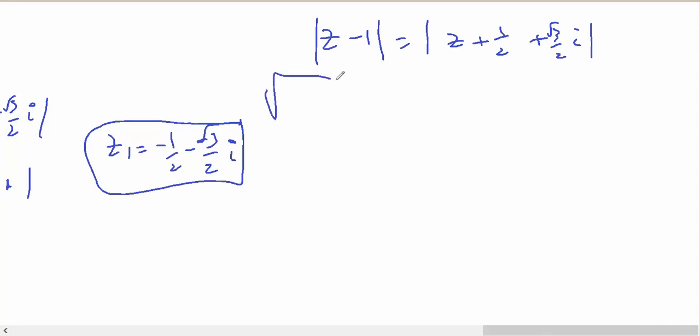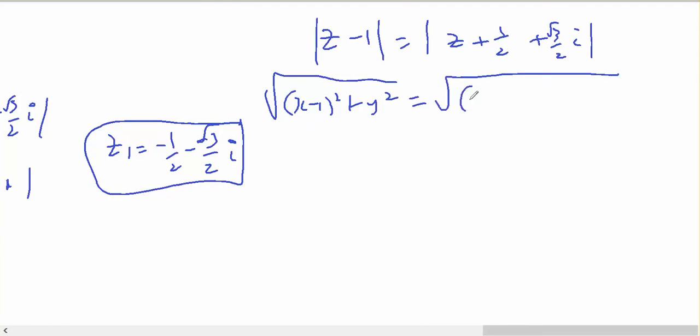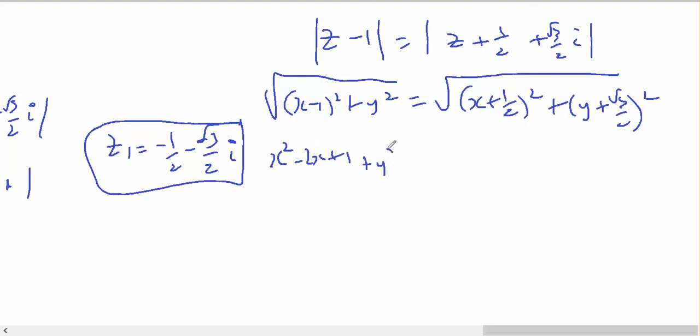So it's going to be the square root of (x minus 1) squared plus y squared equals the square root of (x plus a half) squared plus (y plus root 3 on 2) squared. But x squared minus 2x plus 1 plus y squared equals x squared plus x plus a quarter plus y squared plus root 3 y plus 3 on 4.